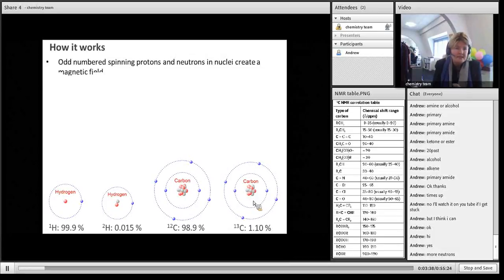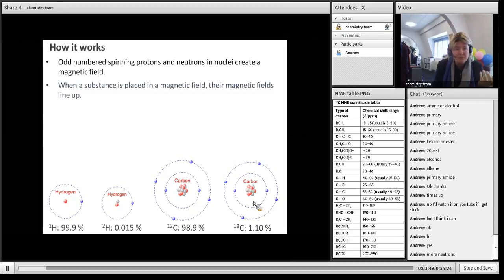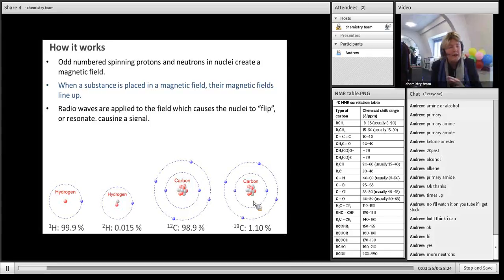So what happens is, if the protons and neutrons aren't coupled together properly, so they're odd-numbered, then the nucleus will be affected by a magnetic field. It'll line up with that magnetic field. And then when you put a weak radio wave through there, it will cause the nucleus to flip, so that instead of pointing north-south, it'll now point south-north.